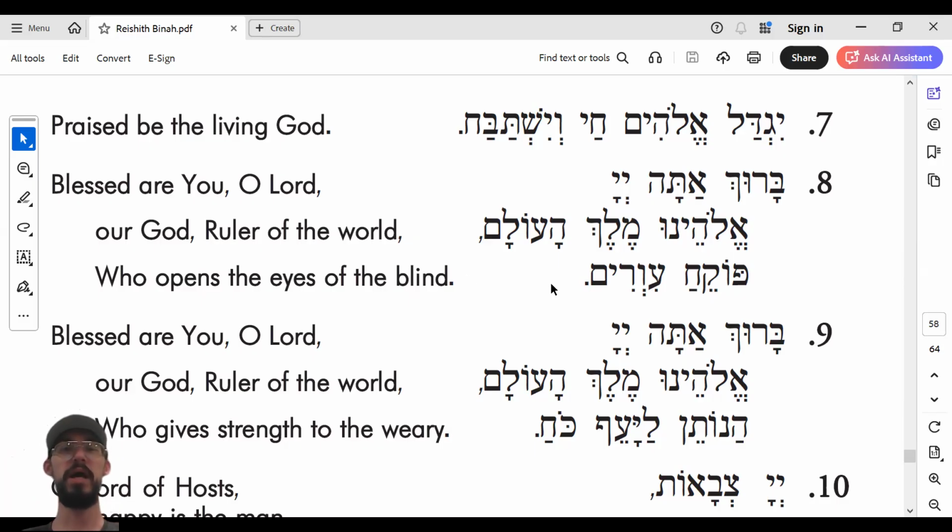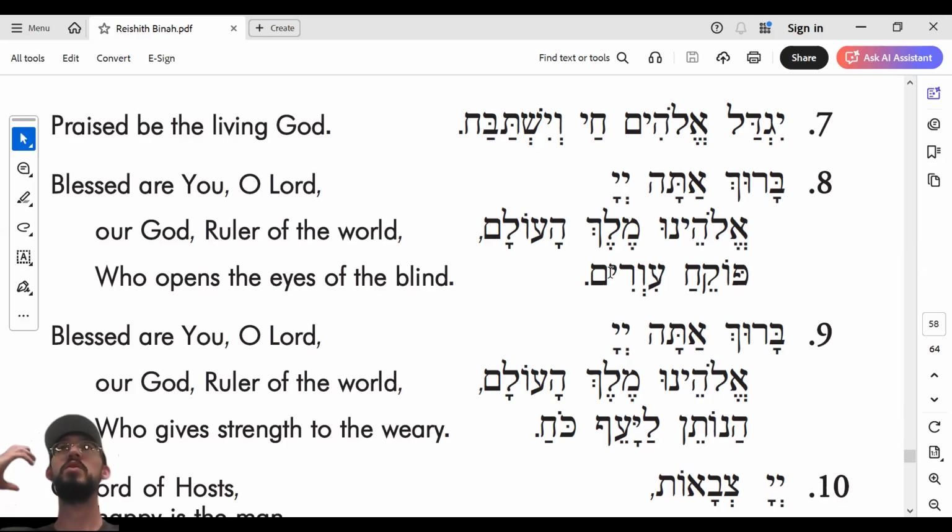Okay, so pokeach is to open the eyes, and ivrim is the blind. Notice here, the word einayim does not appear. You have opens the blind, or opens blind people, right?